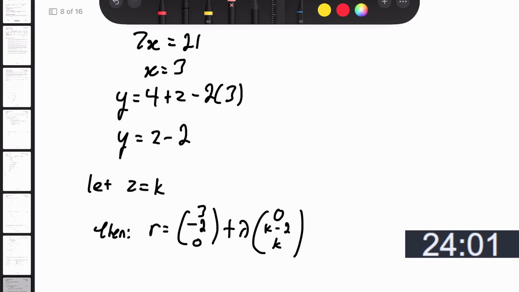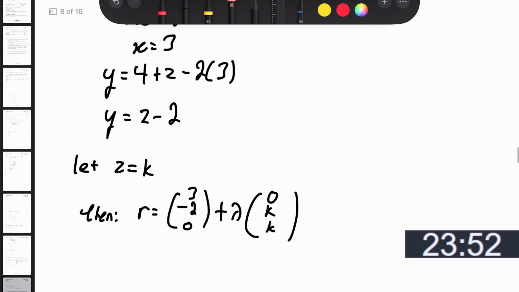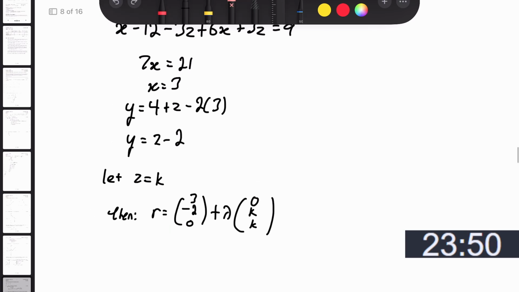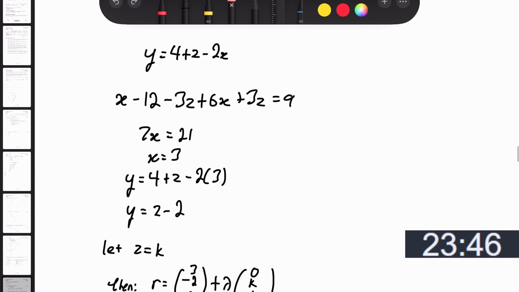Alright, that looks pretty good. Z minus 2. Actually, no, this would be k as well, because the direction is with z. Because this minus 2 is actually the value that, yeah, so lambda of k.